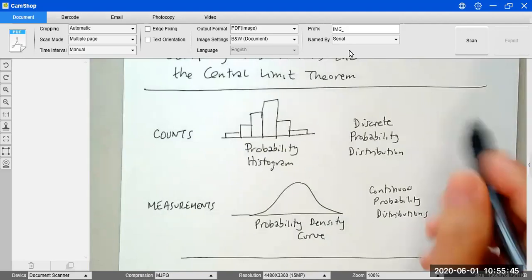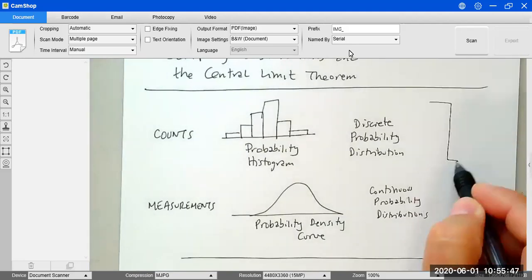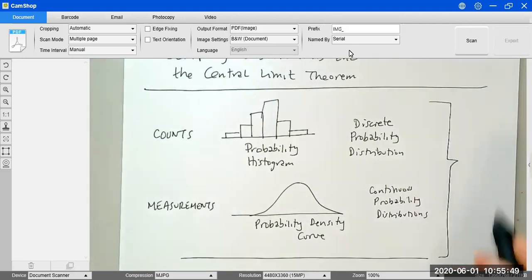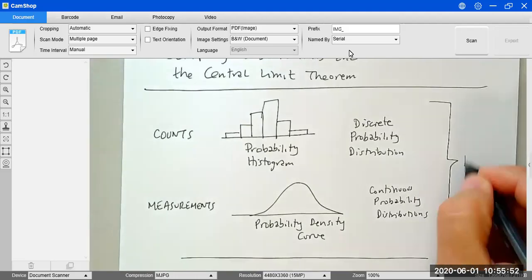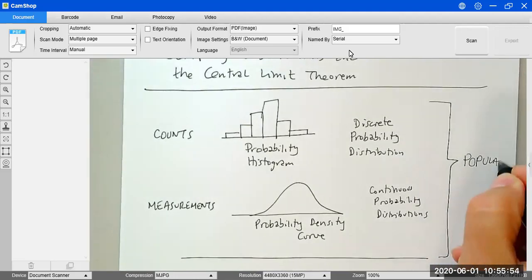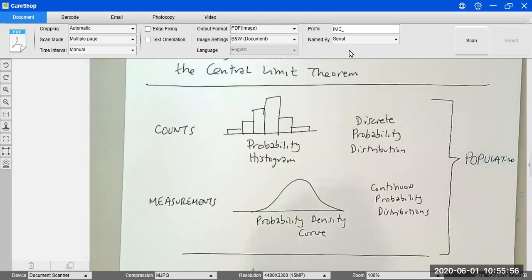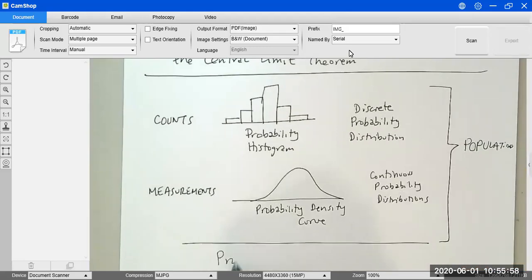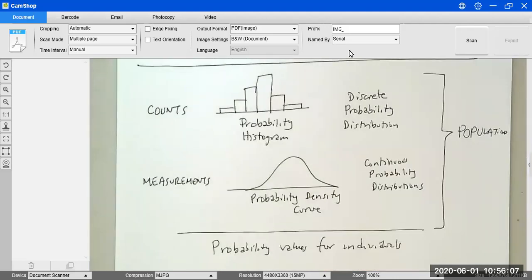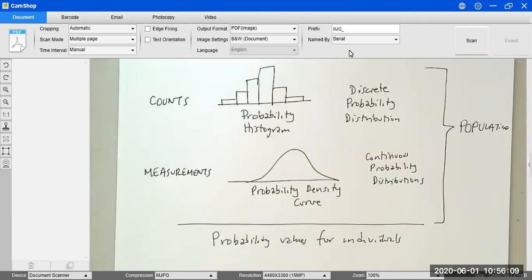So the important thing is that these tools are for populations, and you can get probability values for individuals from these populations. So for a single element, single item. In other words, n equals just 1.